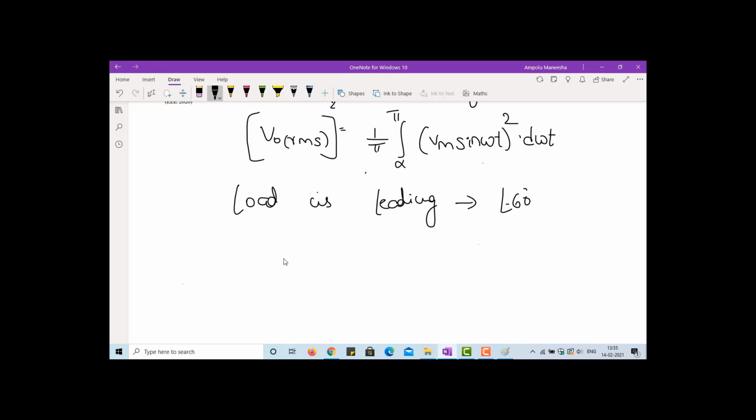Since the load is leading in nature, we cannot control the output voltage from 0 to pi. We can control from 0 to pi minus a small angle phi. This phi depends on the load angle.